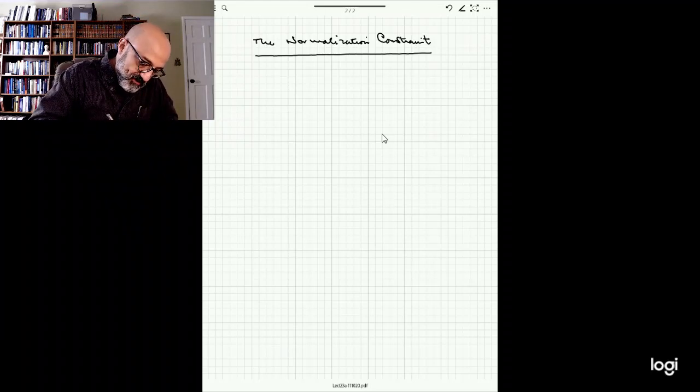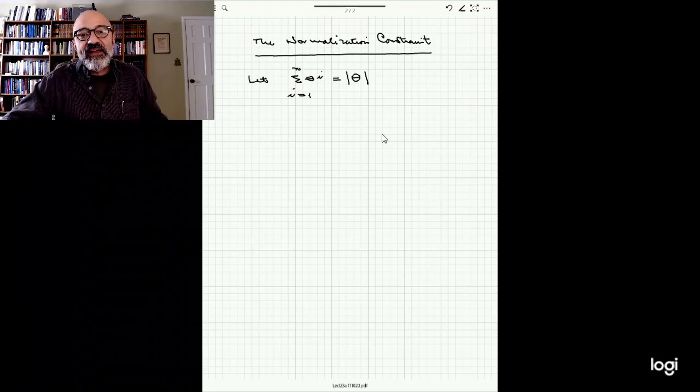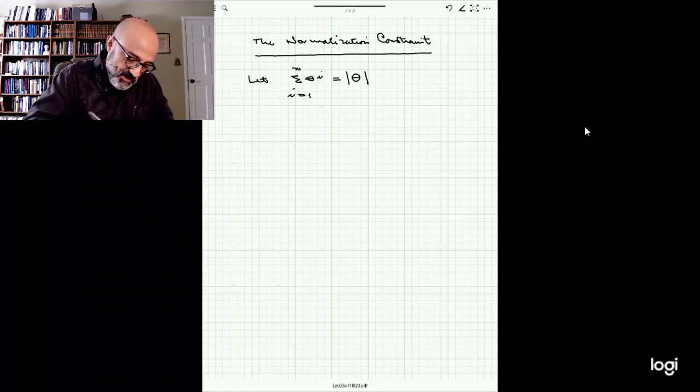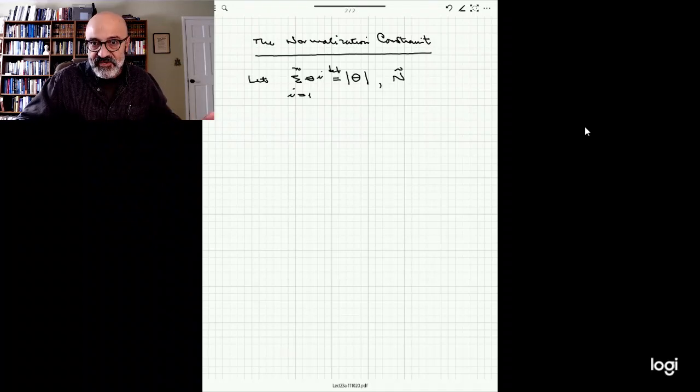So here we go. We're going to define the constraint. Let the sum of these probabilities be equal to, well, we're going to give a symbol for it, the normalization of theta. That's it. It's as if we're writing the magnitude of theta, but it refers to this sum. So this is a definition. And we're going to define the constraint. This is a function of coordinates and momenta.